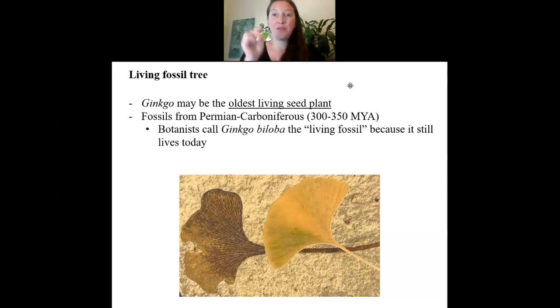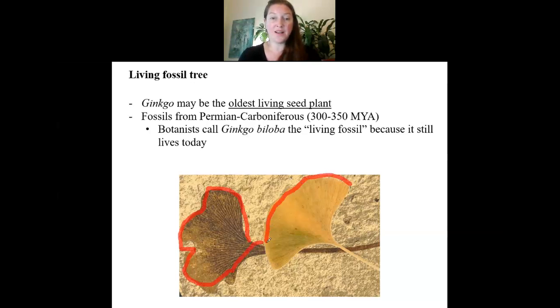Ginkgo is the oldest living seed plant on Earth. You don't need to know the millions of years, but botanists call Ginkgo biloba, the only species in the phylum, a living fossil because it still lives today, and it still looks a lot like it did millions and millions of years ago based on the fossils we find. So here's a fossilized leaf of ginkgo.